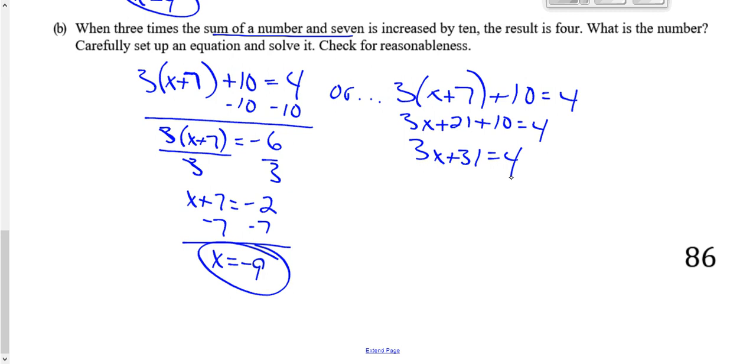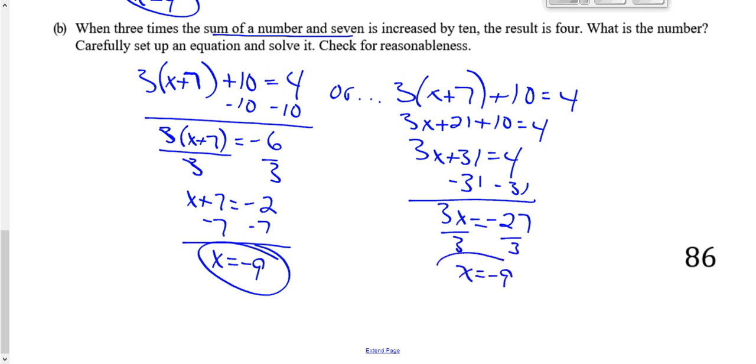So now we subtract 31. So 3x equals negative 27. Divide by 3. Either way, okay?